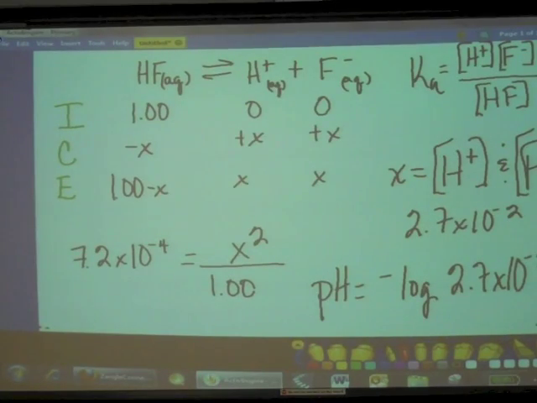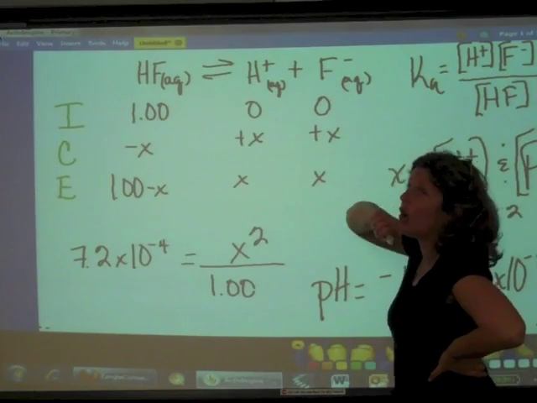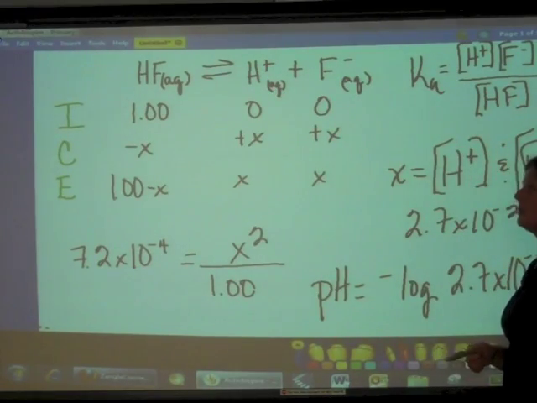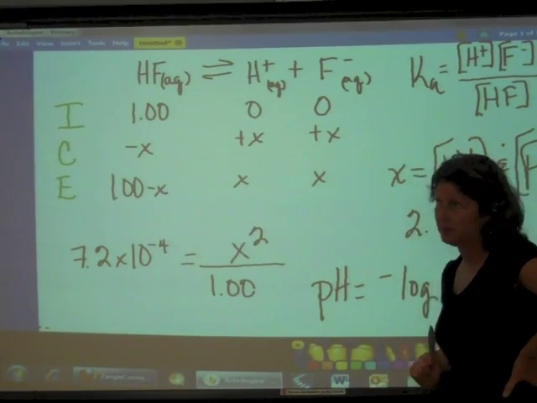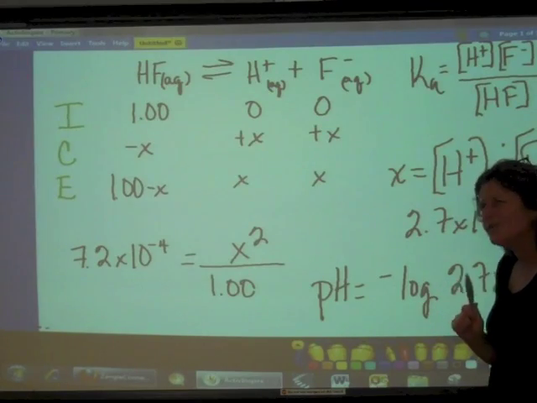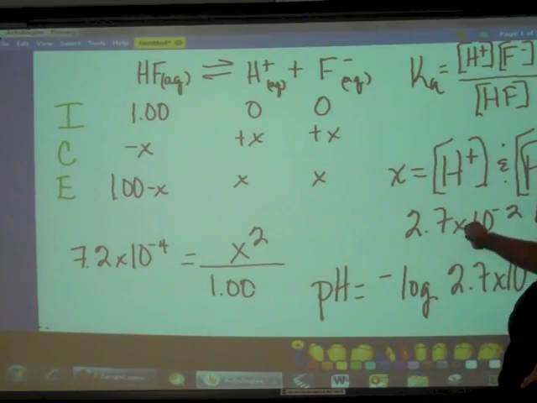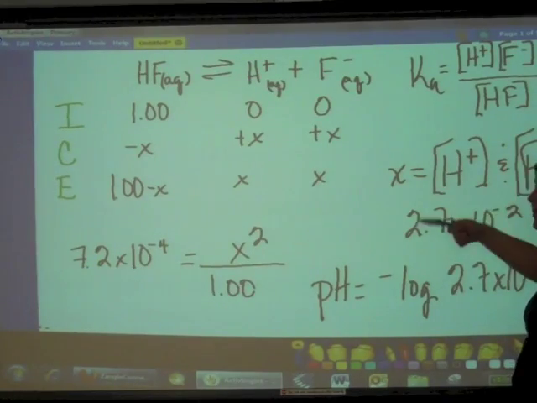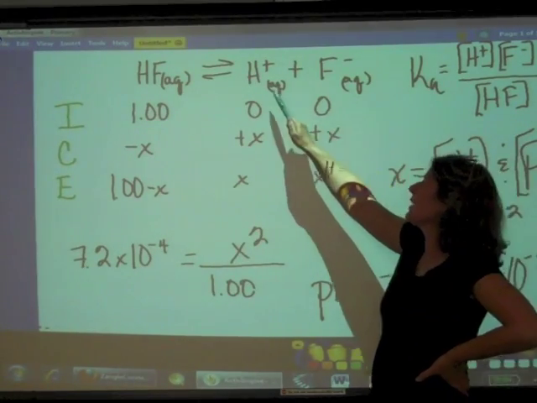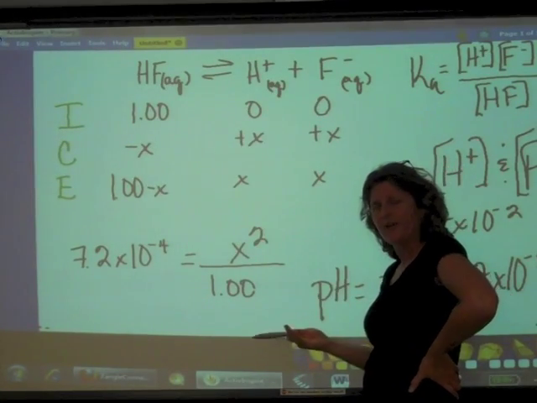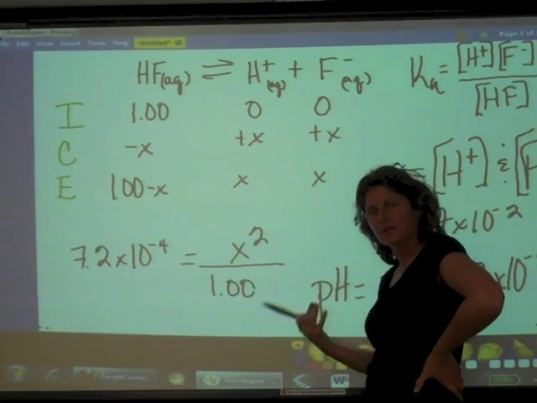And the other thing that I want to say here is hydrofluoric acid and all weak acids are called weak because they're weak electrolytes. They light the bulb ever so dimly. Why do they light the bulb so dimly? Because in a 1 molar solution, very little is dissociated into ions that are able to conduct electricity.